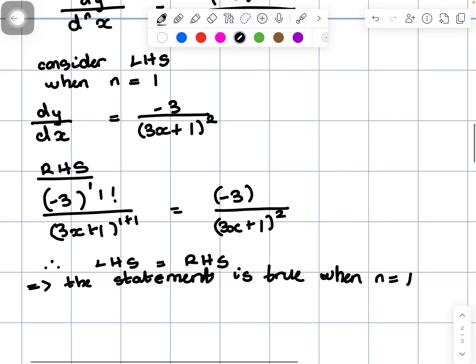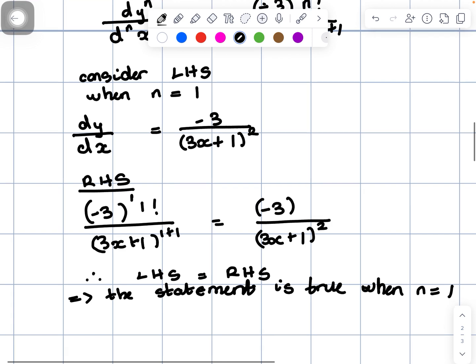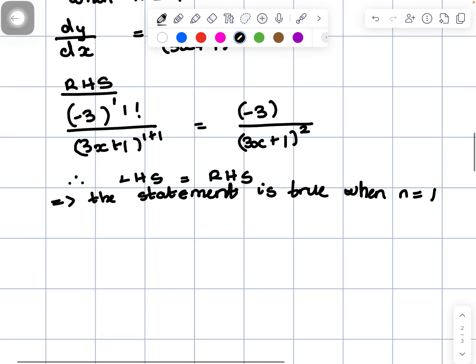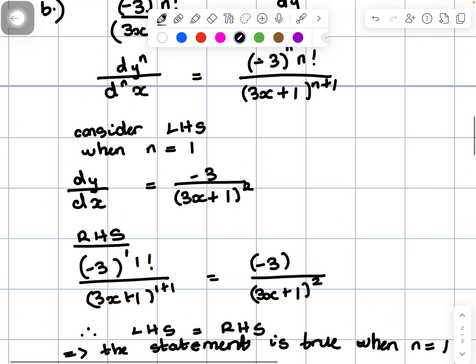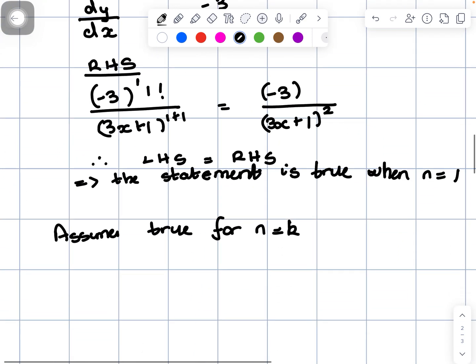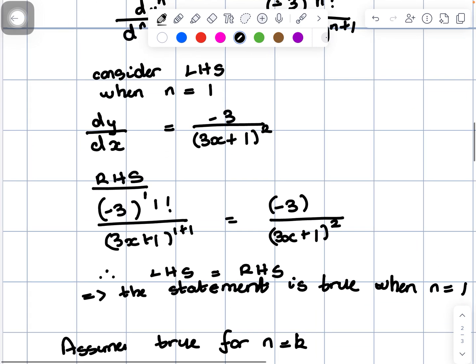Right. Okay, next is the assumption stage. Assume true for n equals k. So for n equals k, wherever there is n, we replace it with k.